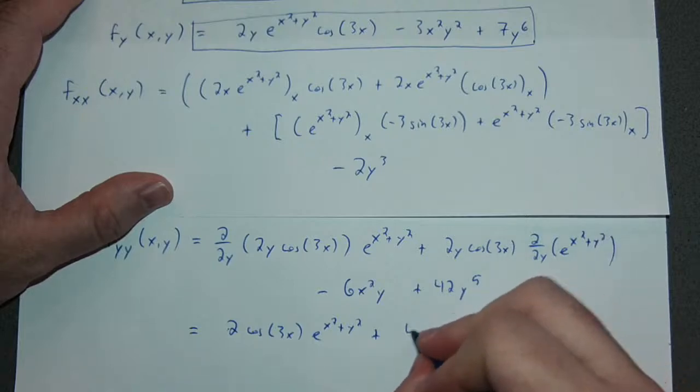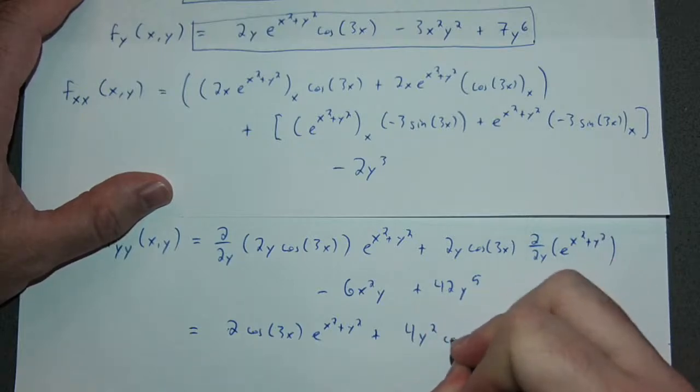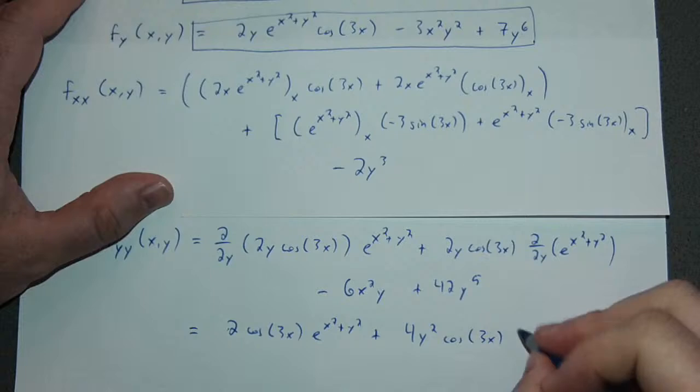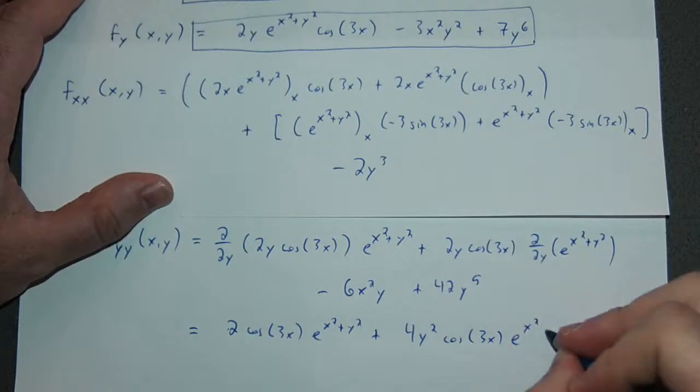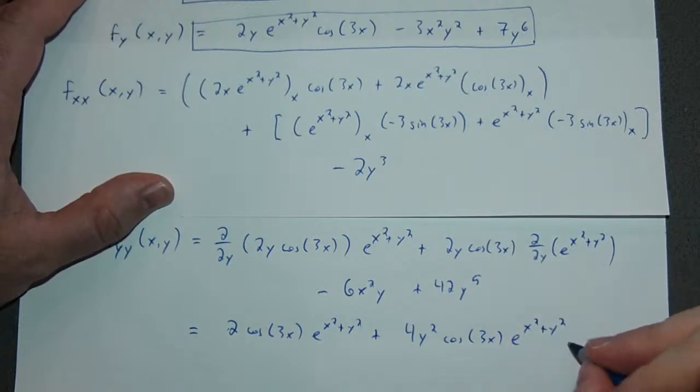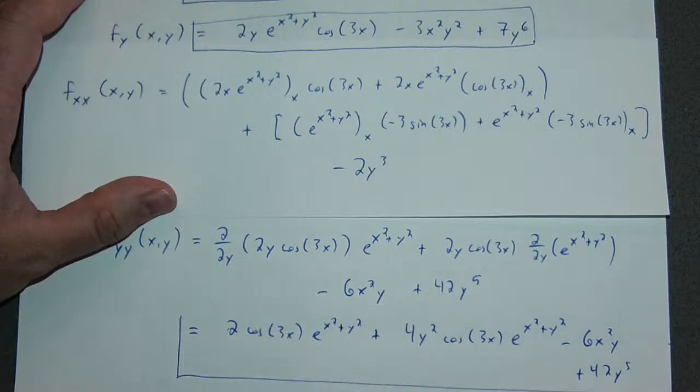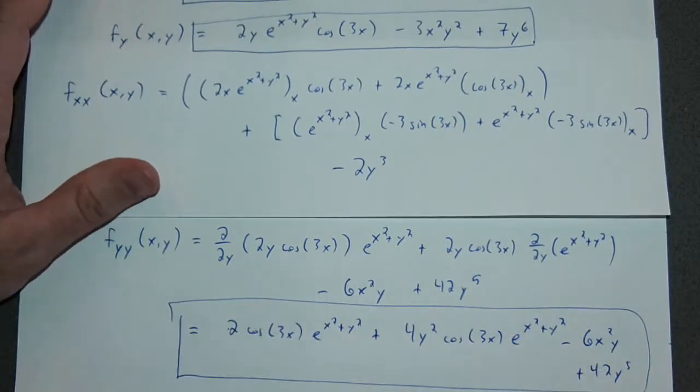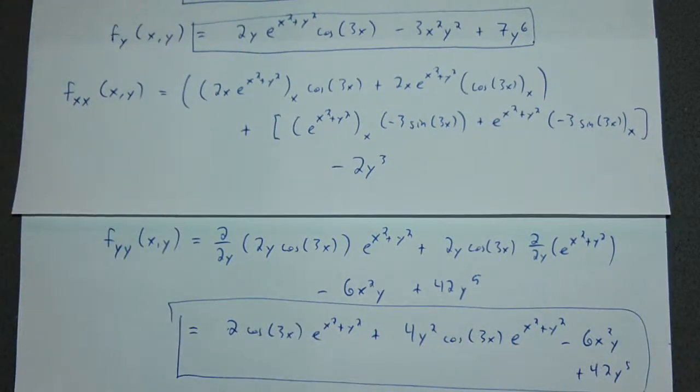So this is plus 4y squared cosine of 3x e to the x squared plus y squared minus 6x squared y plus 42y to the 5th. Okay, and that is my pure, second order y partial. All right, that's f sub yy.